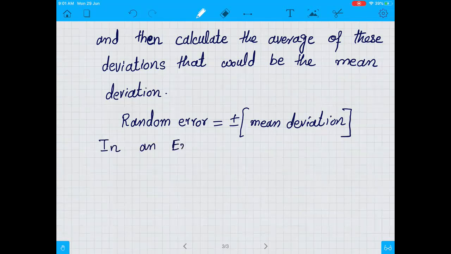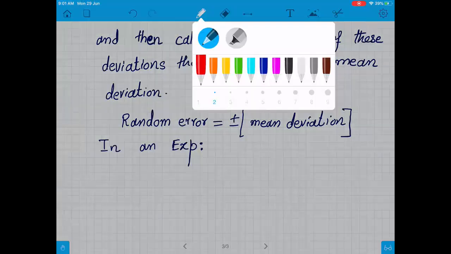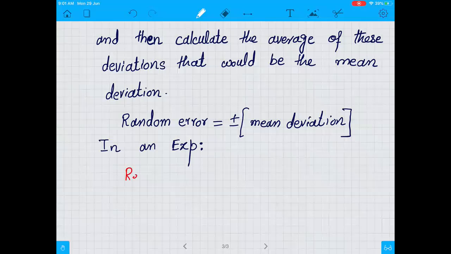Let's suppose you perform an experiment in which the readings are 10, 12, 14, 16, and 18. Here you see the average is 14.